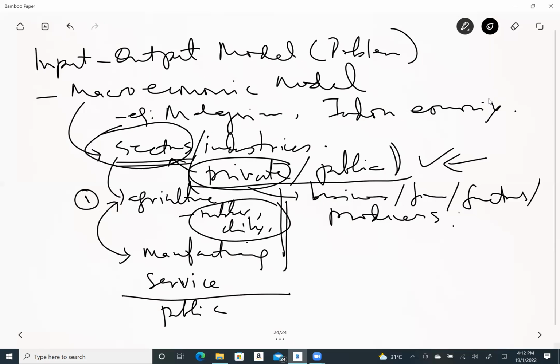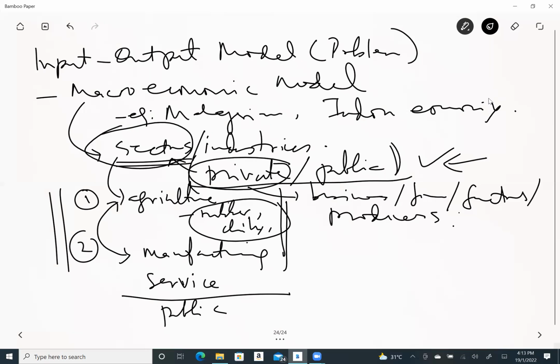That is the most broad category. So normally we put agriculture, manufacturing, and services. Since we're looking at only 2 by 2, we use only agriculture and manufacturing. Suppose there are 2 sectors of the economy, agriculture and manufacturing.